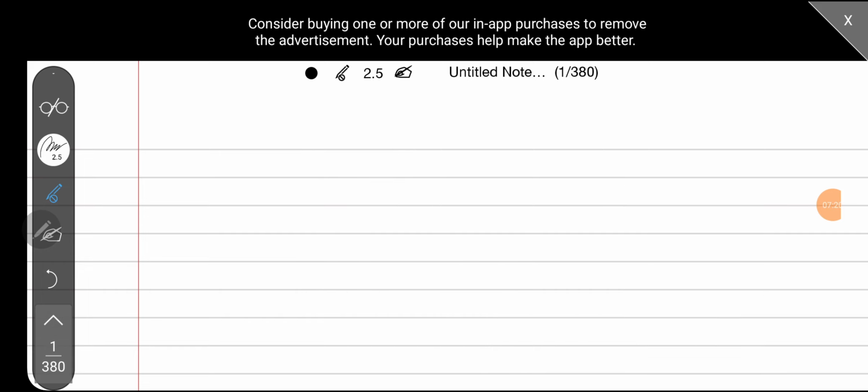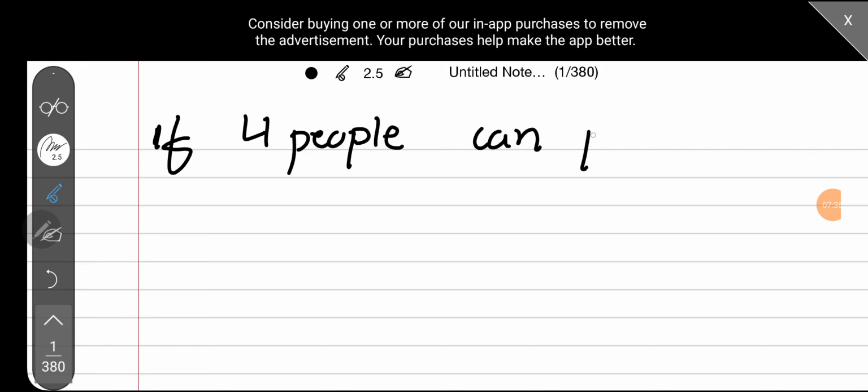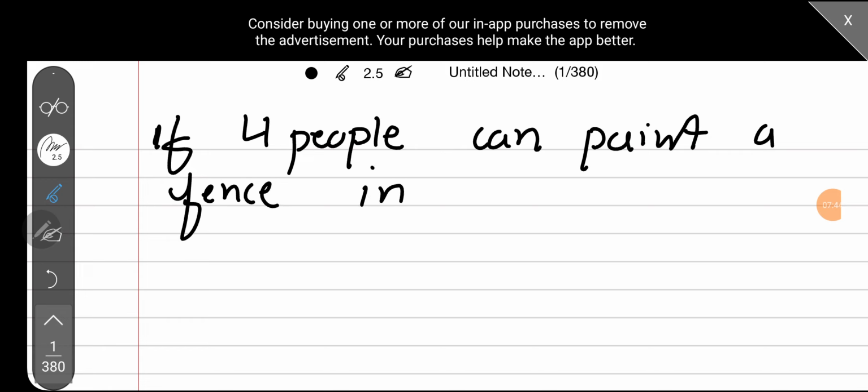Now in inverse proportion, let's take an example. If 4 people can paint a fence in 3 hours, so what's the condition?